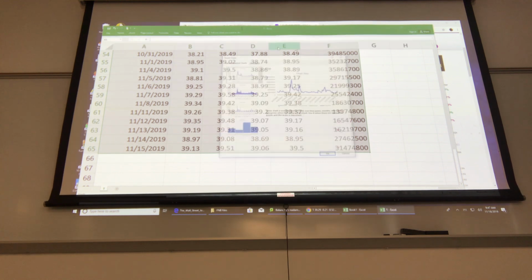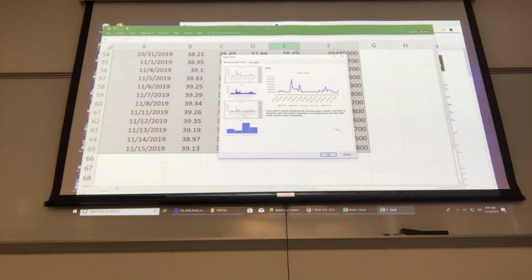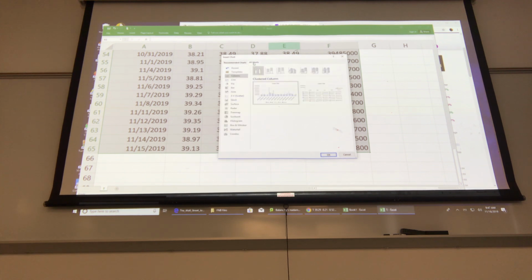As you insert a graph, you can pick and choose all types of graphs that you need to have. What kinds of graphs do we have here? Stock graphs. And as you look at the stock graphs, it gives you several options.